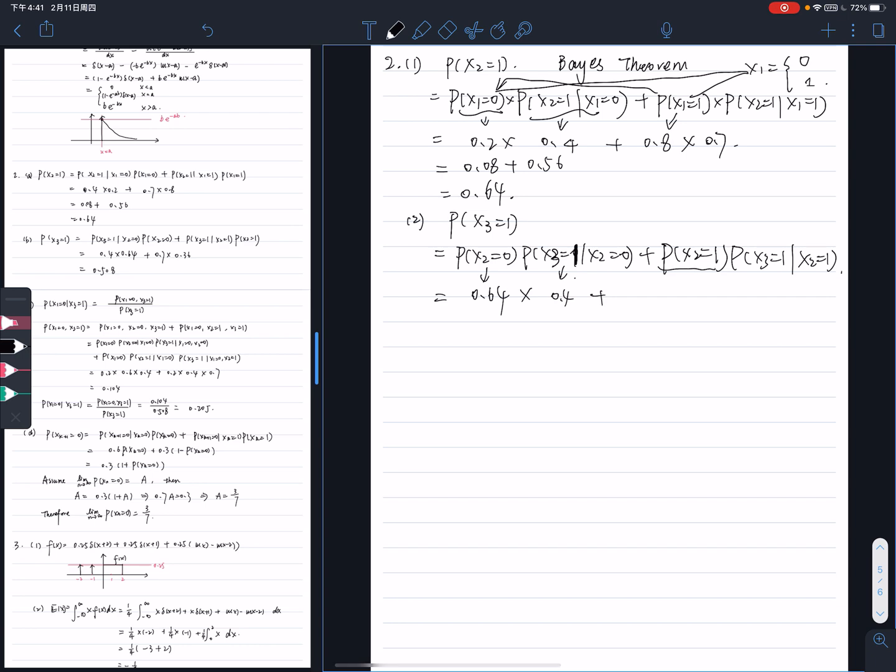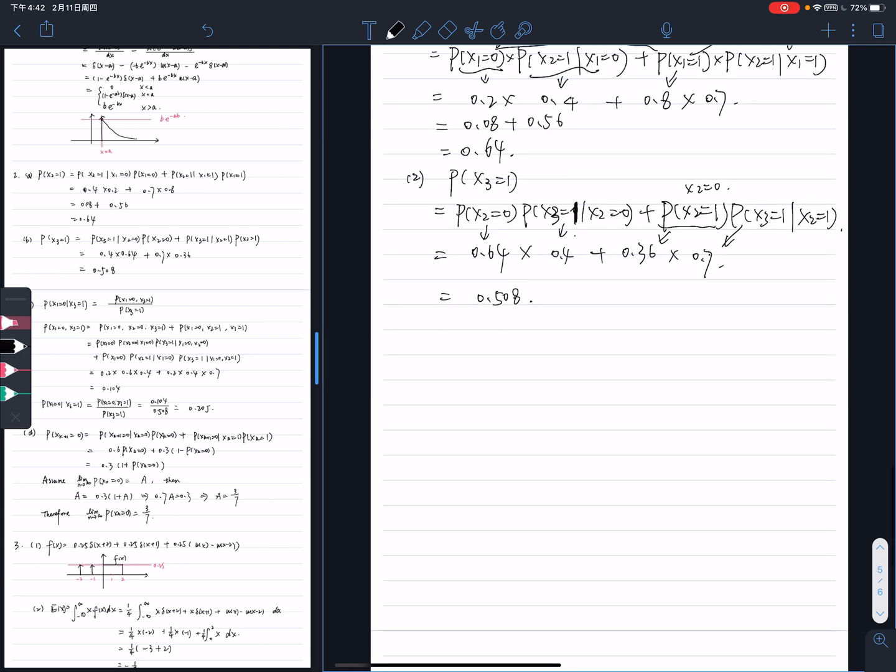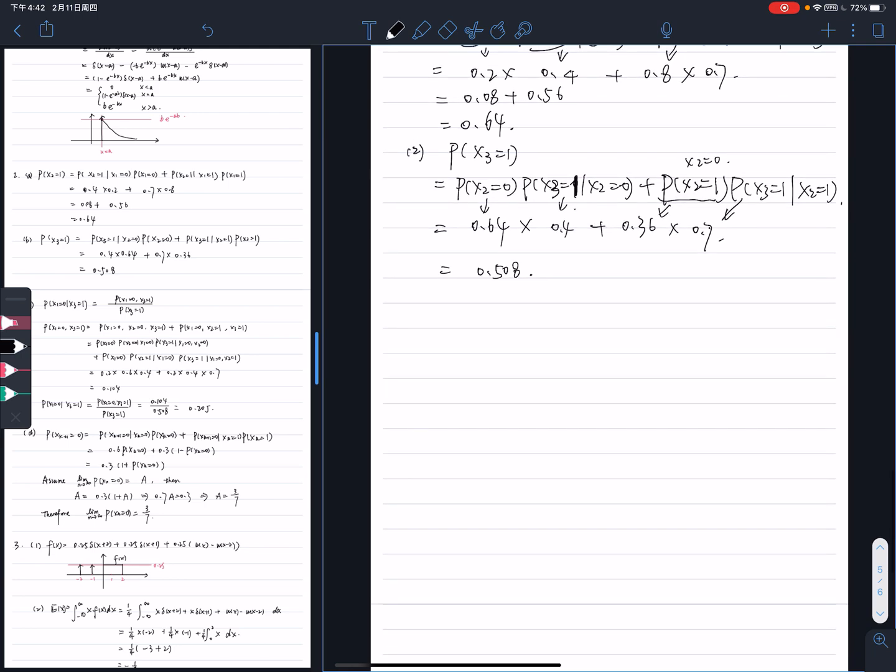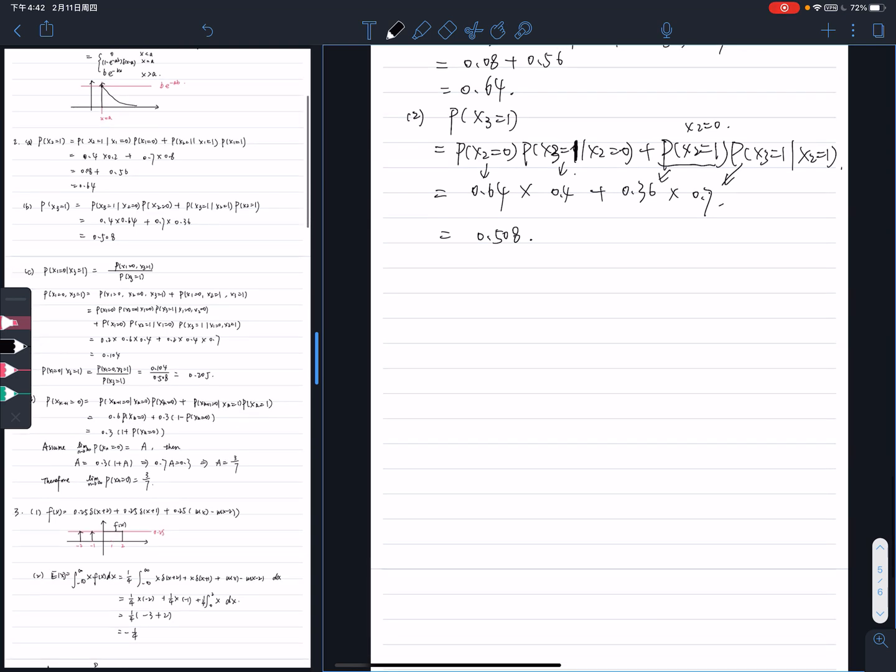And this is the converse of the event x2 equals 1, which is 1 minus 0.64, and this is 0.36. And similarly from the problem, we know that this is 0.7. So this is equal to 0.568. So the probability of event x3 equals 1 is 0.568.